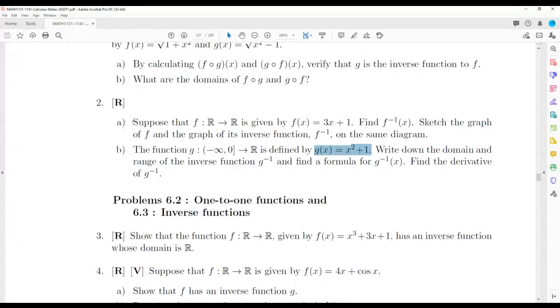Let's start with part A. Suppose you've got a function 3x plus 1 defined on the whole real line. What is the inverse of that function? Part of this question is about how you can actually calculate the inverse of a function, and then what it looks like geometrically.